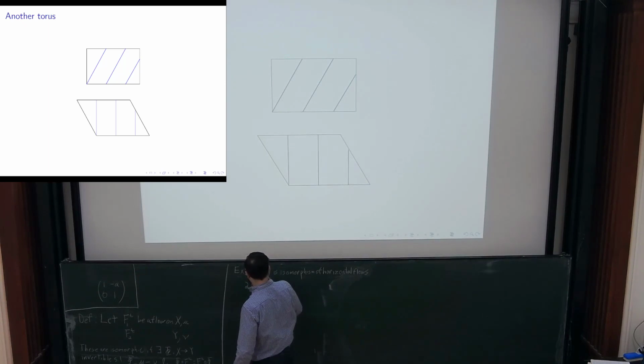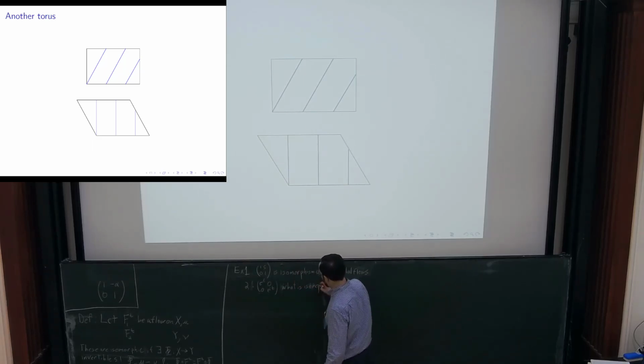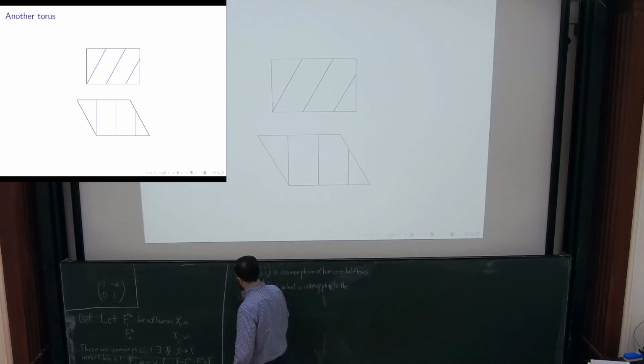And then exercise 2: for (e^t, 0; 0, e^-t), what is it isomorphic to? To the speed 1 horizontal flow.